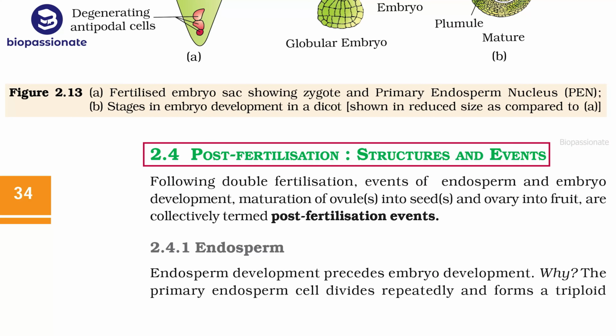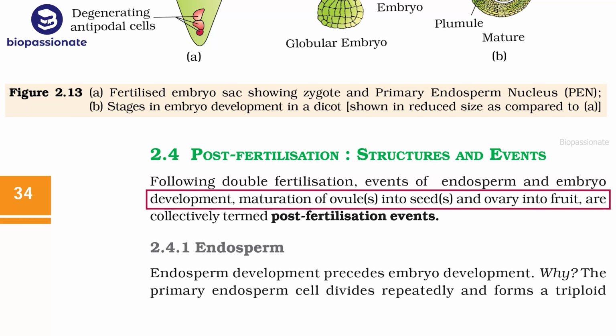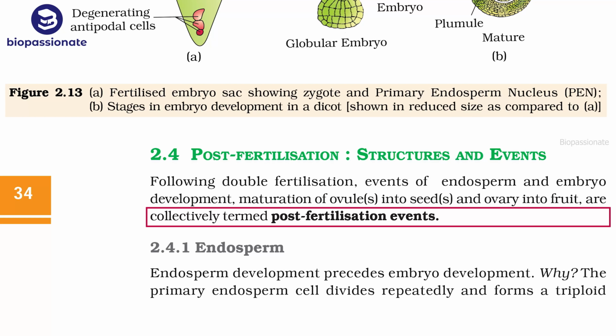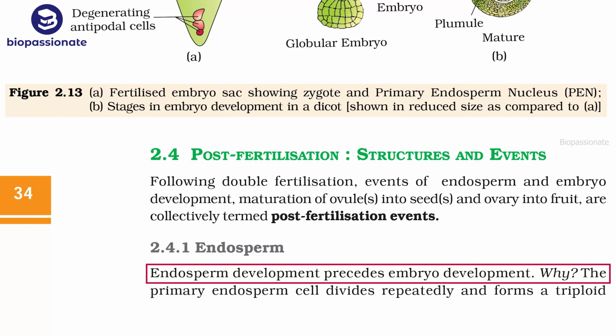2.4 Post-fertilisation: Structures and Events. Following double fertilisation, events of endosperm and embryo development, maturation of ovules into seeds and ovary into fruit, are collectively termed post-fertilisation events. 2.4.1 Endosperm. Endosperm development precedes embryo development.